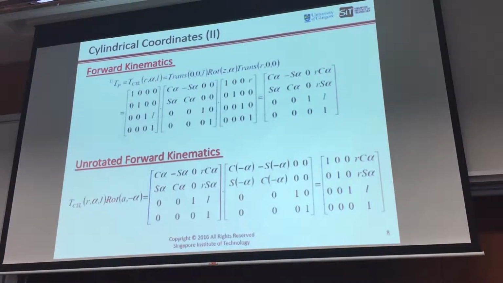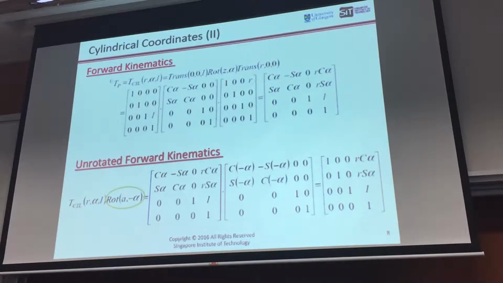If you do this multiplication, then you come to this final matrix. You realize that, again, it's back to identity matrix, and then you have your EX, EY, EZ. So that is the form that we want. So this is your forward kinematics for a cylindrical coordinate. Remember about this portion, the compensation.